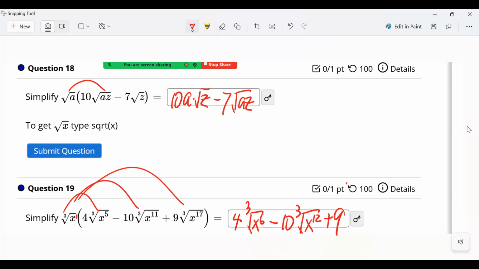And then the third one, 9 times x to the first times x to the 17 is the cubic root of x to the 18. Once we do that, all of them become a perfect cube. So the first term is x squared, the second term is x to the 4th, the third term is 9x to the 6th. And we leave it as is.